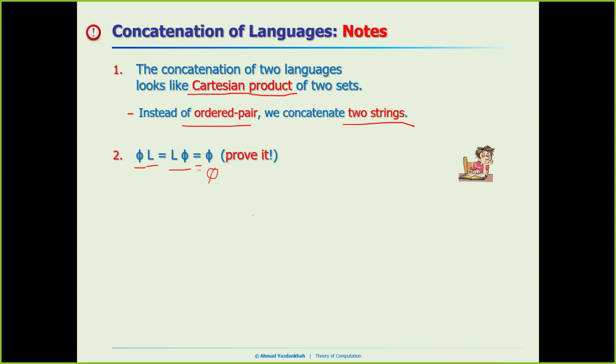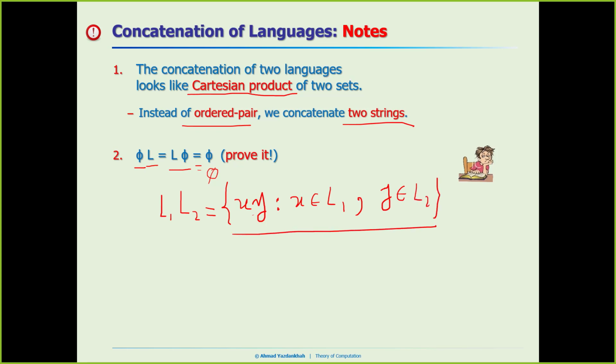For proving this, you need to use the L1, L2 definition. The pattern is XY such that X belongs to L1 and Y belongs to L2. You need to use this definition, and instead of, for example, L1, you put phi.